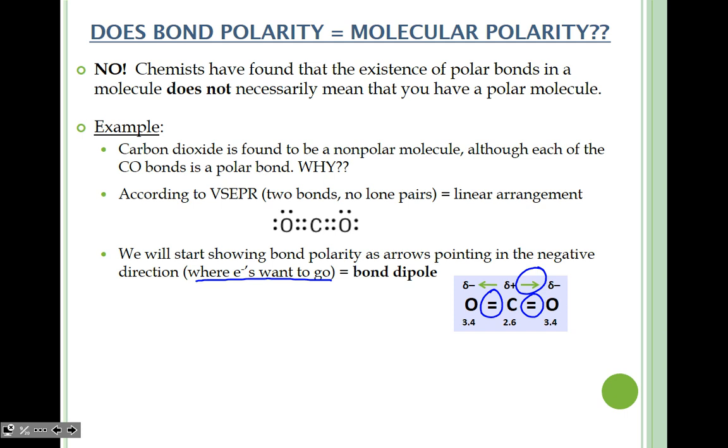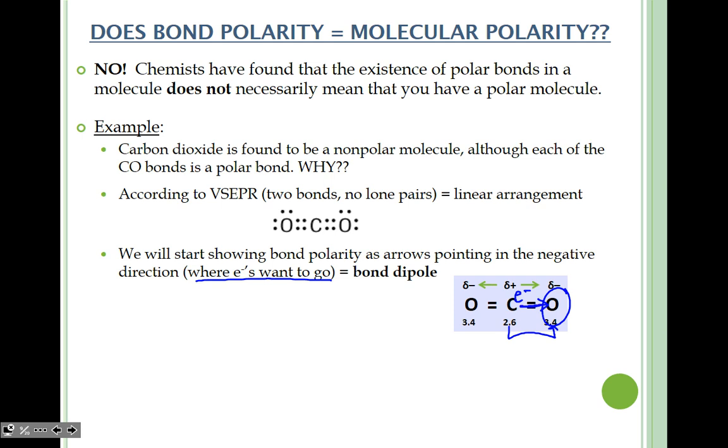Okay, so how do we do this? We write out the EN numbers, and we're saying, oh, look, the difference here, I'll erase this so it's more clear. Let's take a look at the difference between these two guys, right? 3.4 is higher than 2.6. This oxygen has a stronger pull of the electrons, so the electron is actually going to move towards the oxygen.